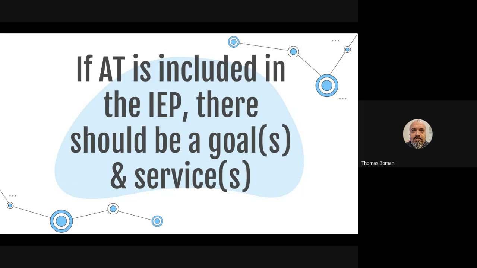So if you give them an AAC device or another device and they have another way to do it that meets their need that's easier than that, they're going to use that. So we have to train them or it's going to end up as a really, really fancy, expensive paperweight on the teacher's bookshelf. So we have to make sure that there is a goal.